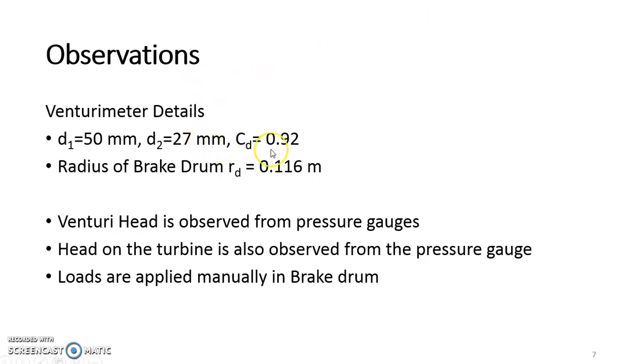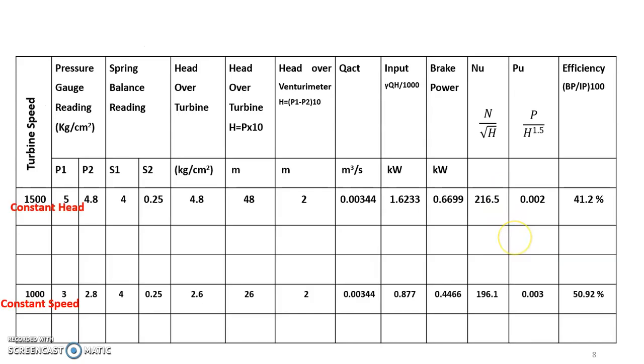The coefficient of discharge is 0.92, which says the discharge calculated is the actual discharge. RD, the radius of brake drum, is 0.116 meters, and venturi head is observed from the pressure gauges. At the same time, head on the turbine is also observed by using a pressure gauge, and loads are applied manually in the brake drum. Okay, let us come to the tabulation part.